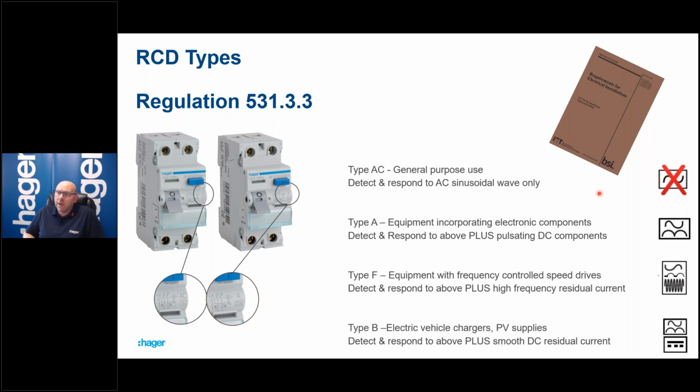We've been producing type A devices for a long time in our units now, probably over 5 years, but type AC devices are not really suitable where you've got a presence of DC current. The DC current can pass back through this device and magnetize the core of this device and prevent it from working under a fault condition.